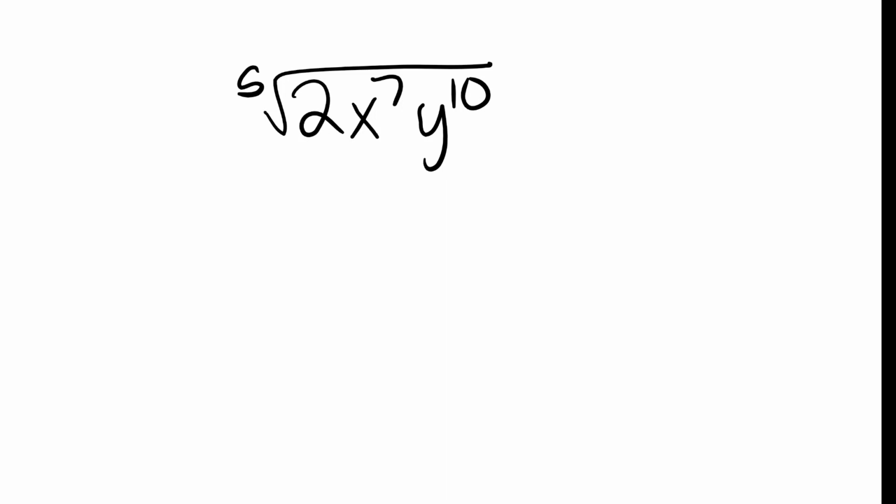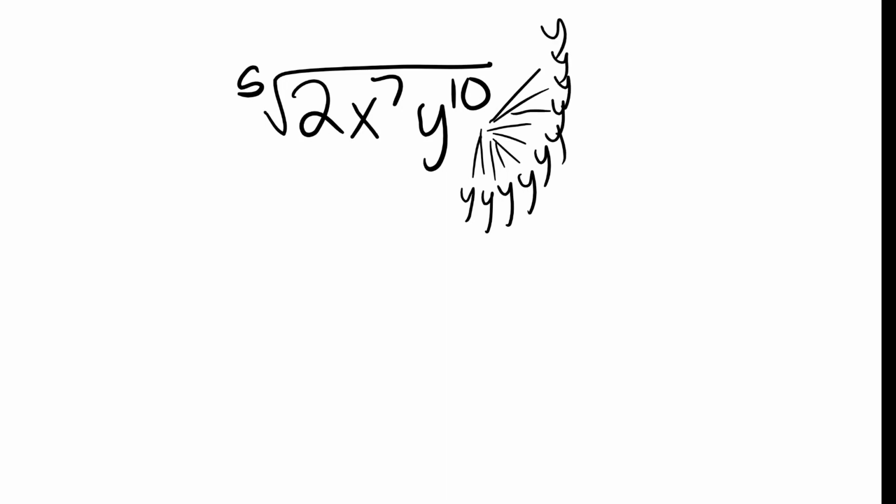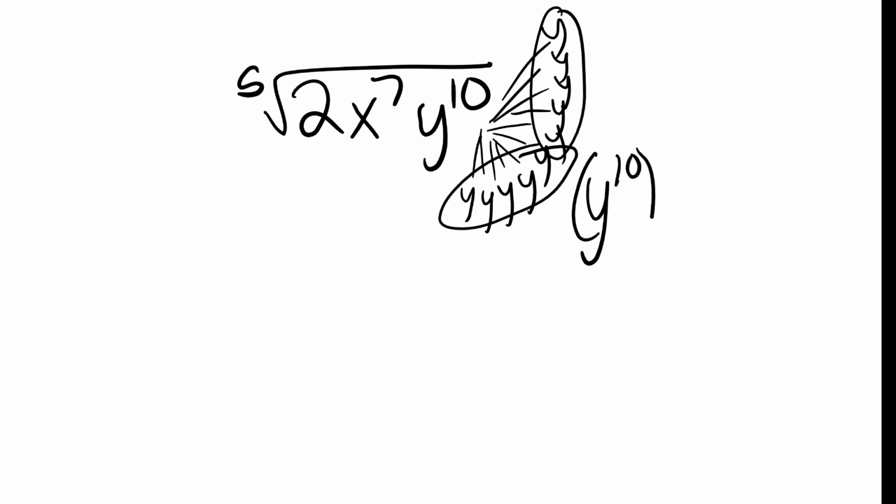When you take a fifth root, you need 5 of something. So if I wrote all the y's out, y 1, 2, 3, 4, 5, 6, 7, 8, 9, 10, I'd have to circle 5s at a time to pull them out. Or I could just multiply 10 by 1/5, and I get a y squared on the outside.